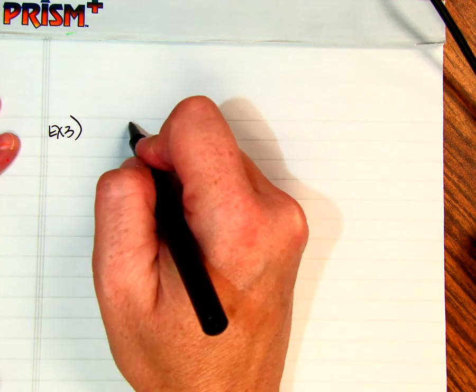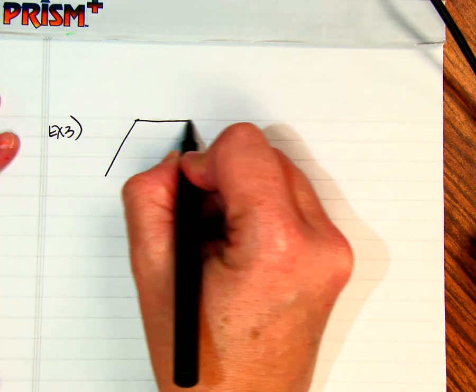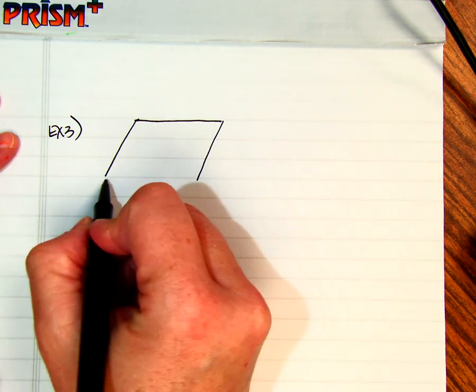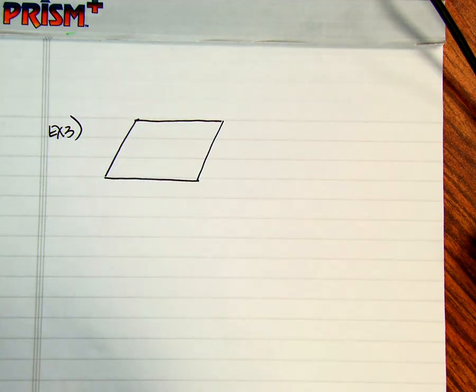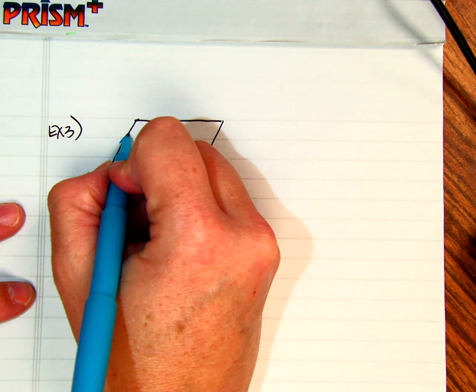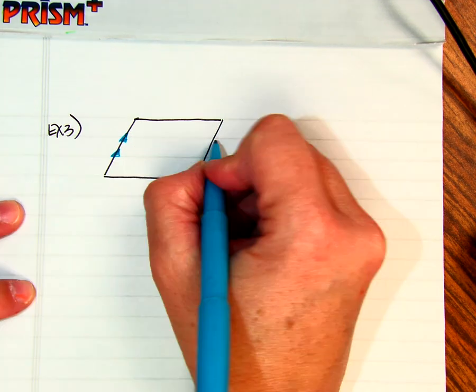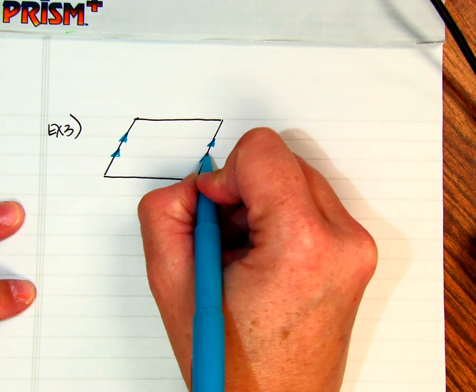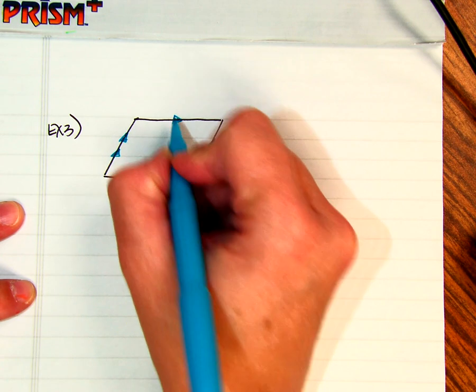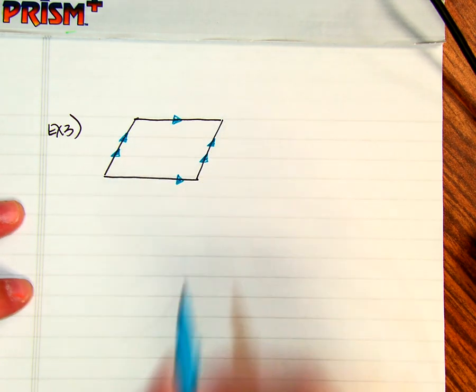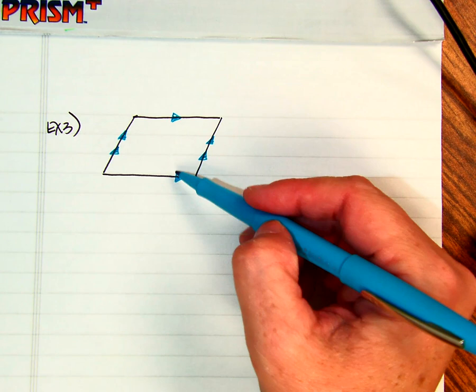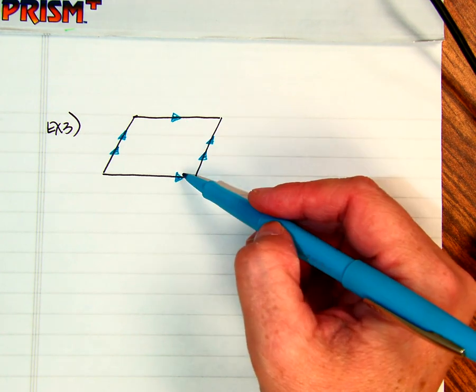Okay, so we have example 3. When we have more than one pair of parallel lines, you're just going to see a different number of triangles. So these have one triangle, so that means those are parallel.